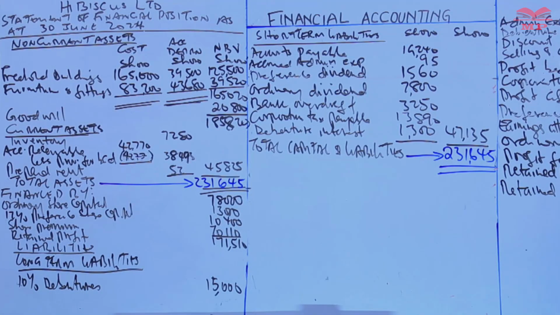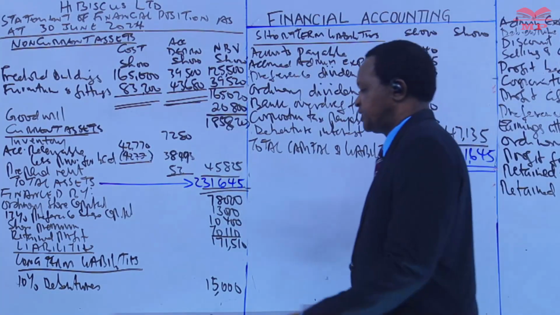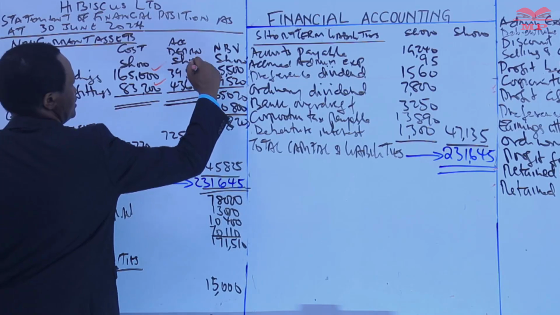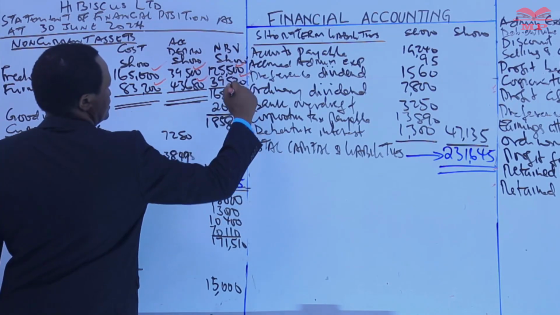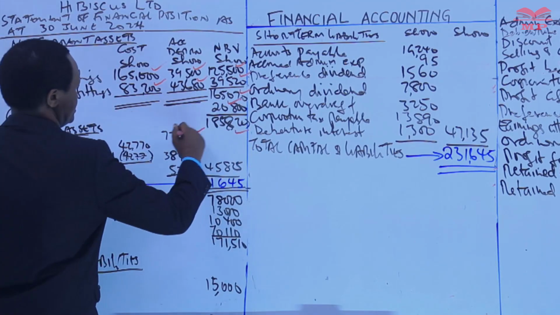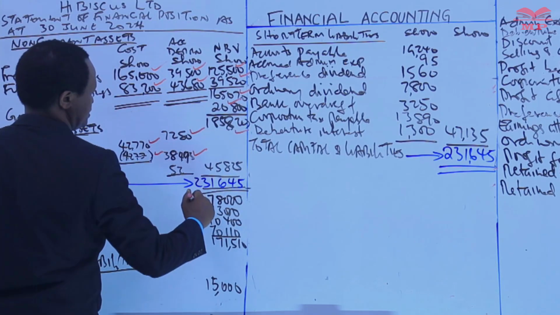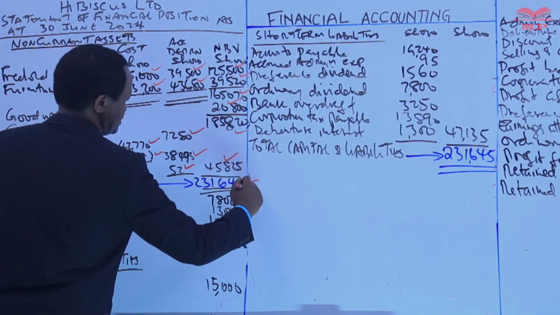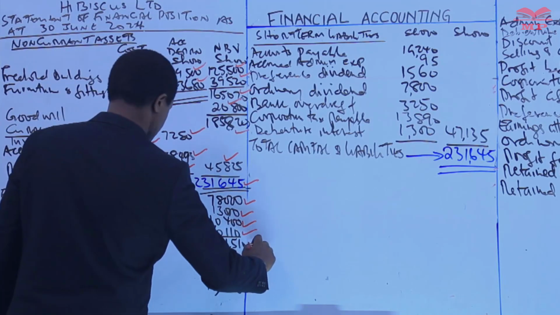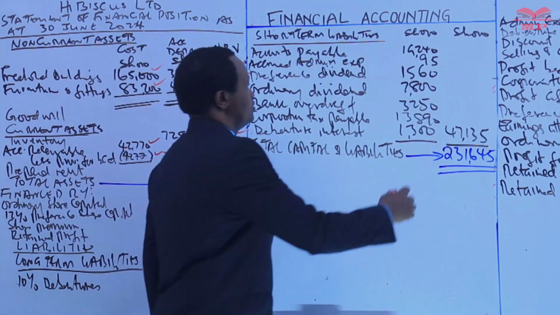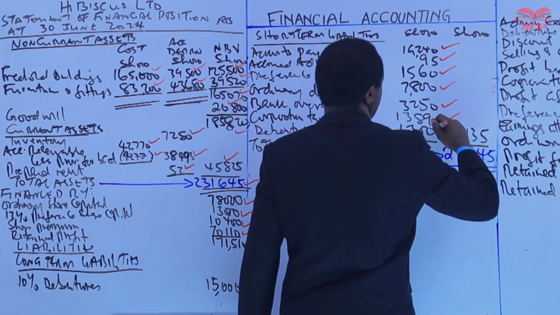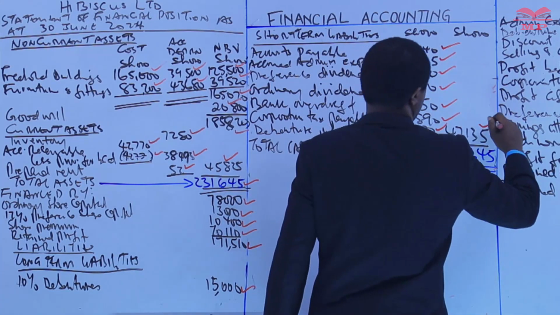All that work is meant to earn you 6 marks. Let me count the entries: 1, 2, 3, up to 31.